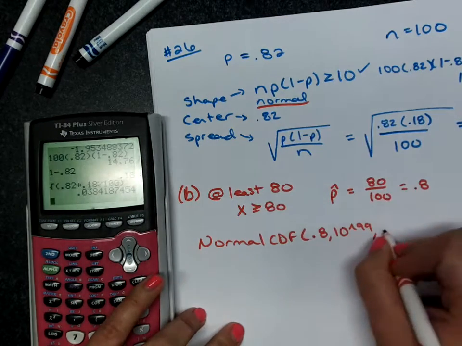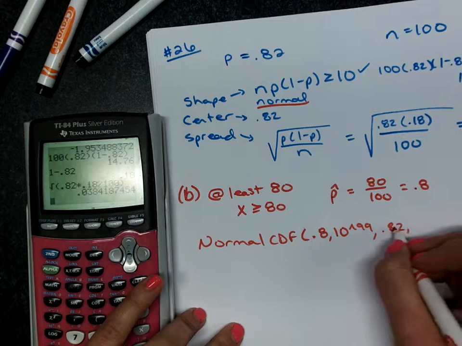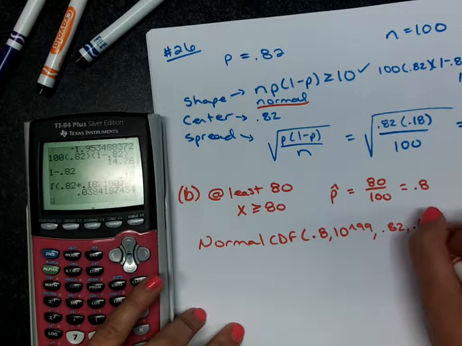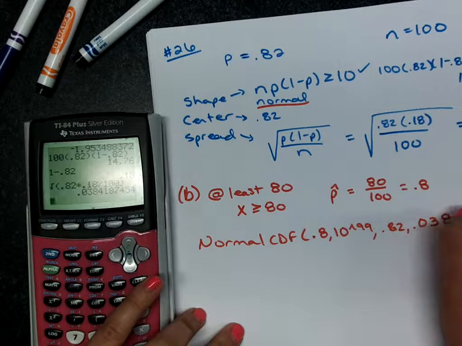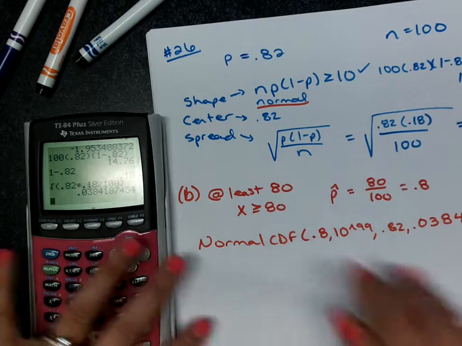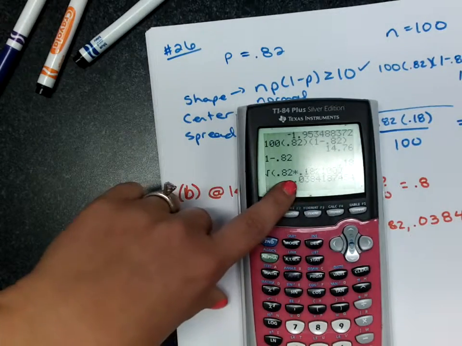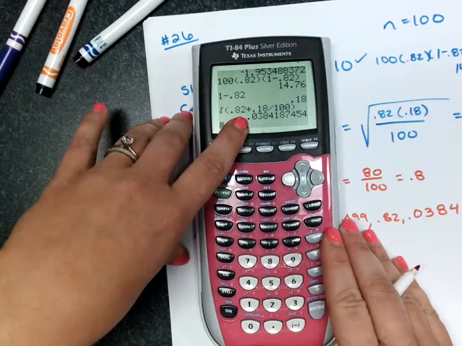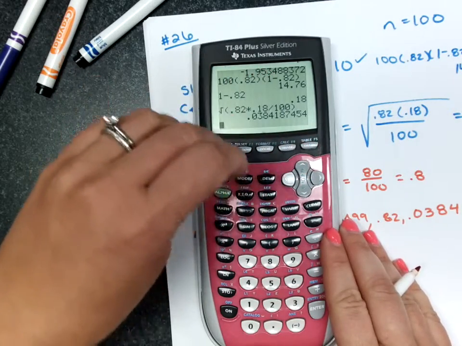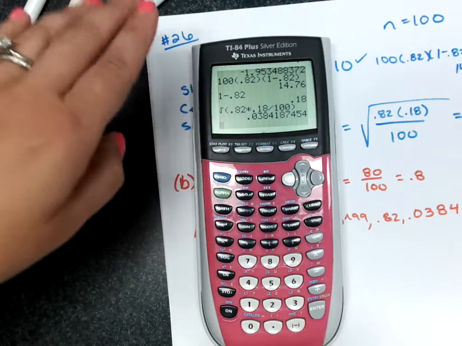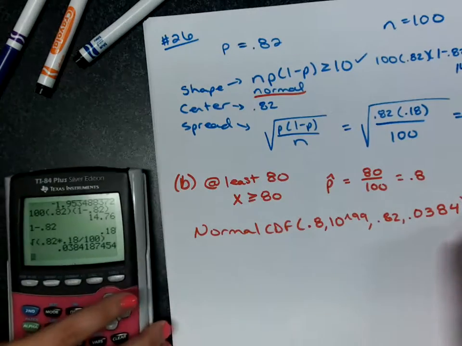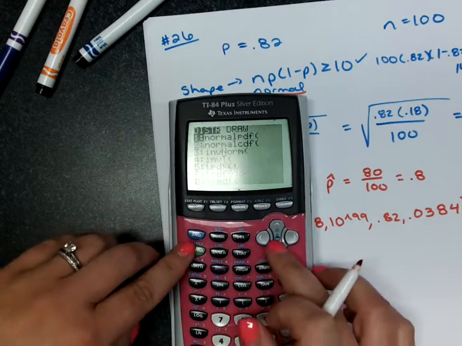Our mean is 0.82, which is the center, and our standard deviation is 0.038. I'm going to go ahead and put the 4 on there just for precision. You want to be as precise as possible. 4 decimal places is the expectation. If you round too much, your answer will be thrown way off. So I'm going to do a normal CDF.